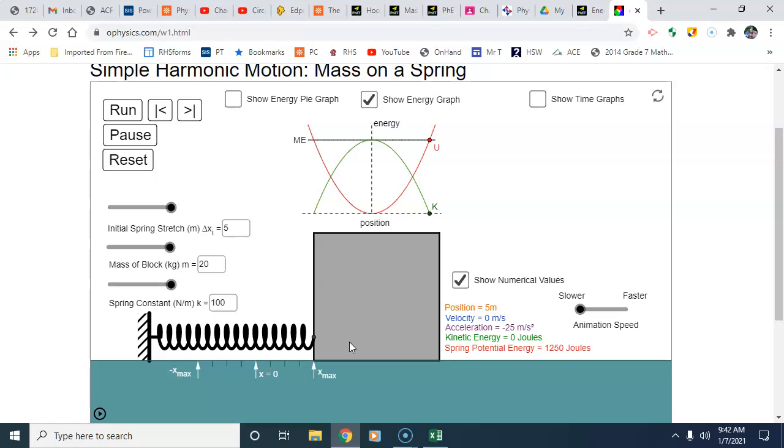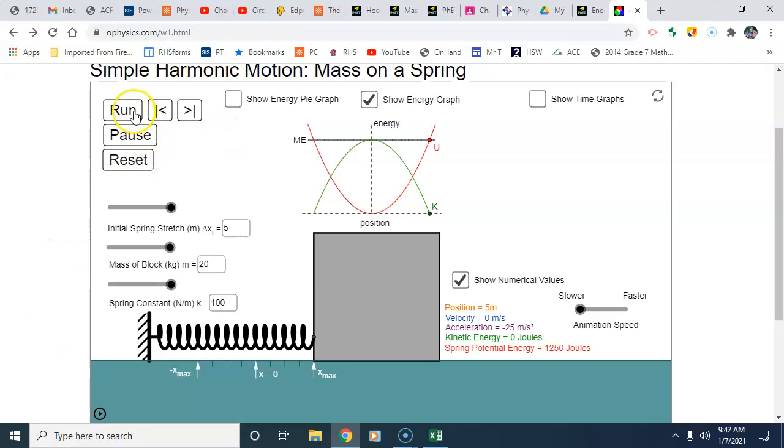If there's no friction on the surface, and if there were no internal resistances on the spring, theoretically, it would go back and forth forever. So this particular simulation does ignore all resistances and non-conservative forces and does what it would do if there were only the conservative force of the spring on it.